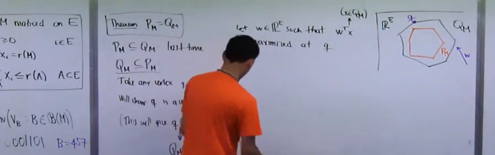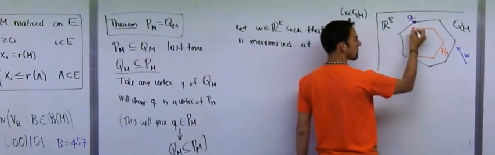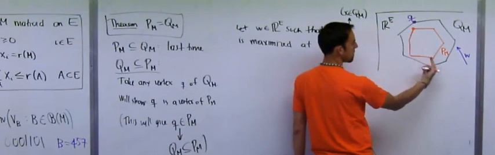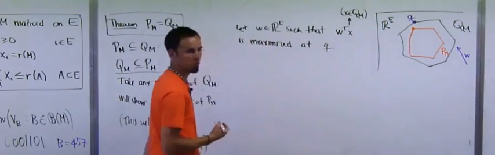And then what I'm going to try to show is that actually Q is equal to the vertex that maximizes W inside P sub m. That's what I'm going to try to show.